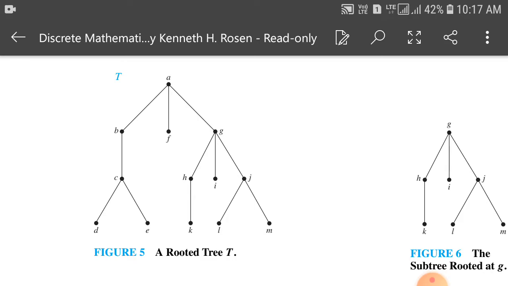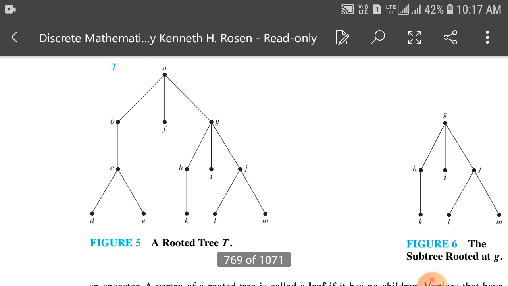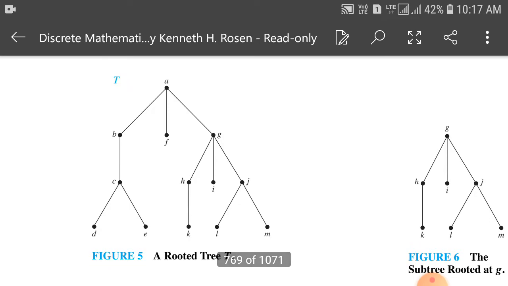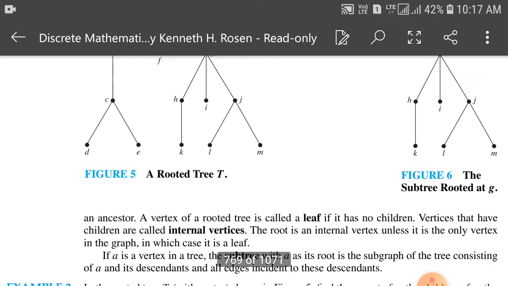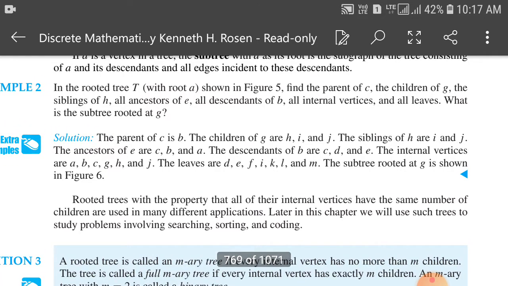Ancestors are the elders in our family, grandfather, father, like that. C, B, A are all ancestors of E, not others.